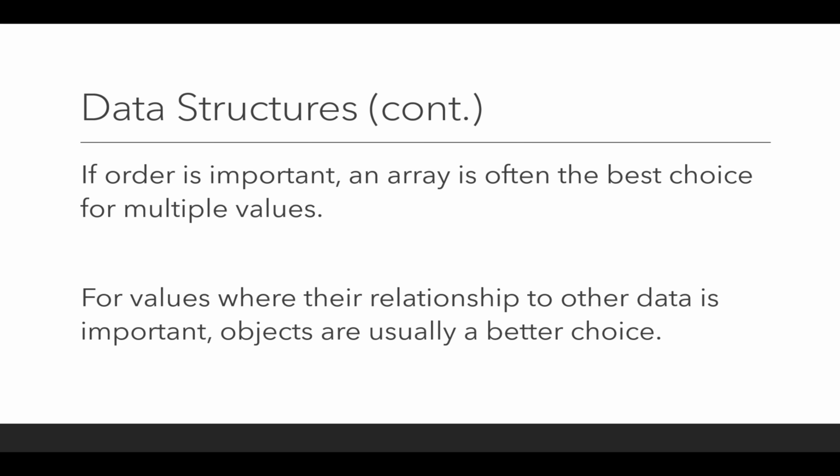Or it could be if the order does not matter, but the properties matter. For example, if we had physics data and we cared about things related to individual measurements, where the measurements themselves and not necessarily the order of the measurements mattered, that would be a case for an object. So if the order does not particularly matter, but the name or the labels of that data matters, an object is the best choice. If the order matters, an array is the best choice.